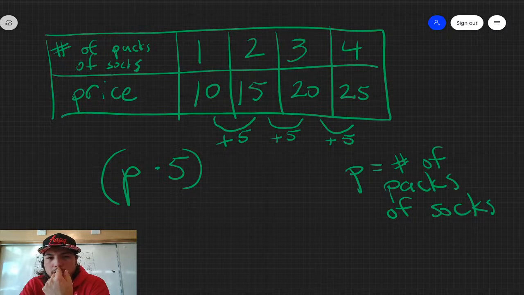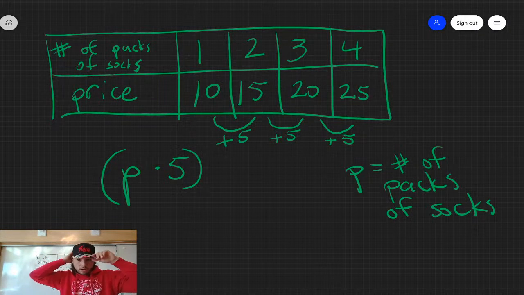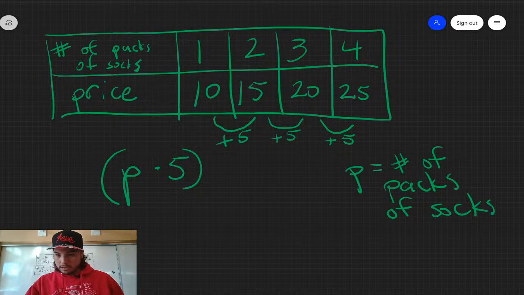But then what are we going to do to our expression to make it so our variable lines up? So it's to start with 2 times 5 with 1 instead.